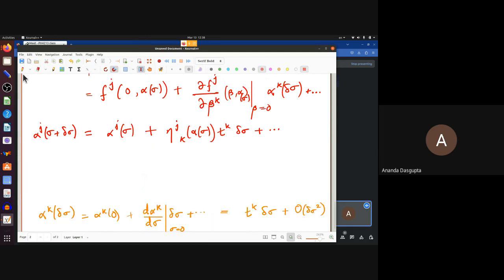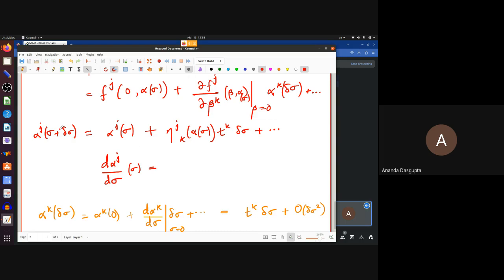So the immediate conclusion from this is about the derivative d alpha j d sigma at any sigma. What does it work out to be? What is the derivative? You change the sigma to sigma plus delta sigma, subtract the original value of alpha j of sigma from it, and then divide by delta sigma, and take the limit as delta sigma goes to 0, right?